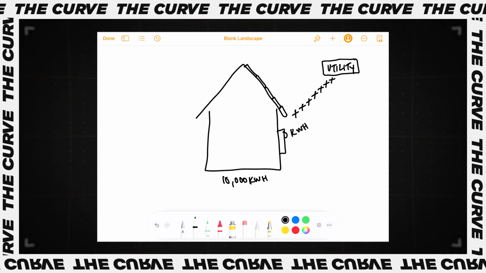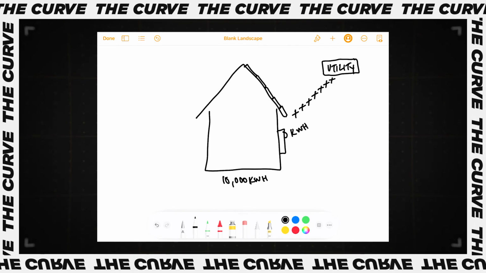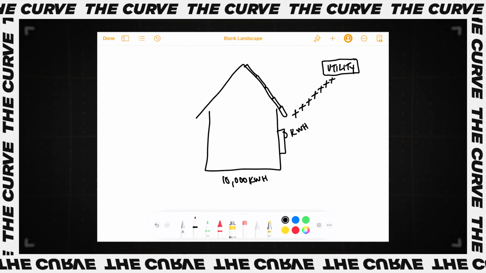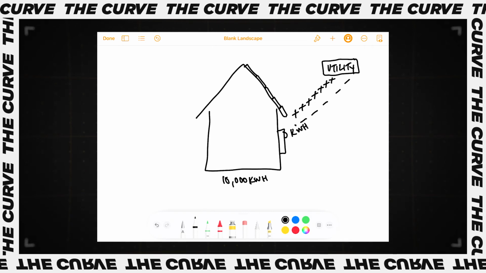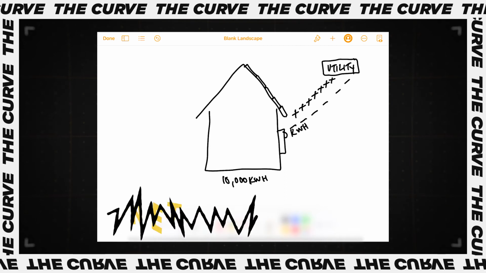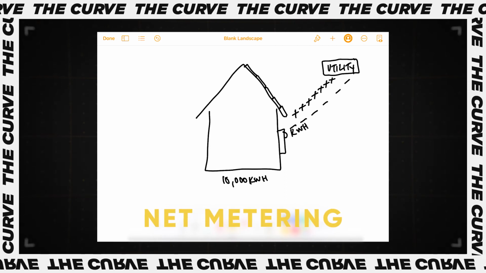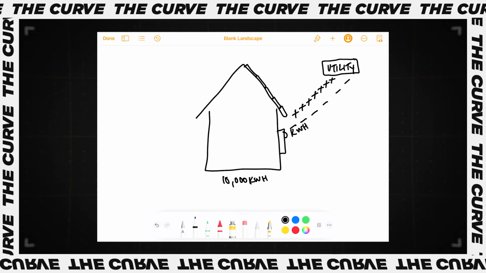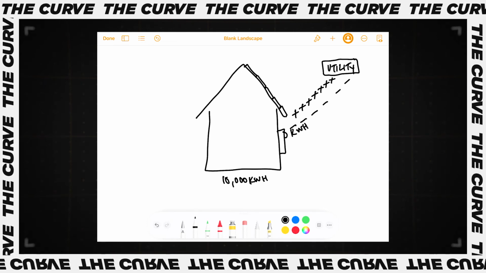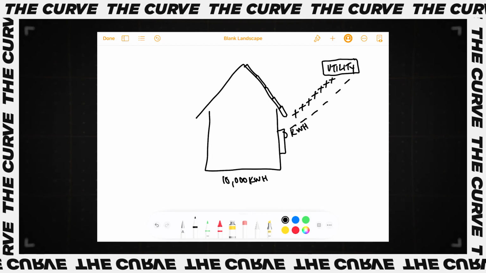And when the sun goes down, or in months where they're using more energy than their solar is actually creating, they're able to draw those credits back into their home through a program that we call net metering. So that entire process of getting credits with the utility company and then using those credits, that entire concept is what we call net metering.